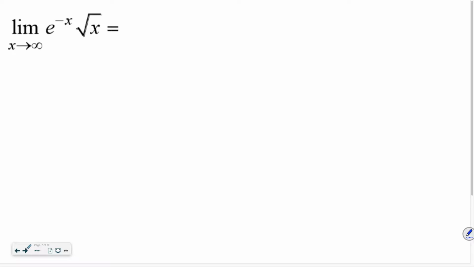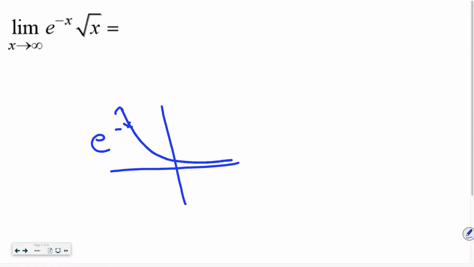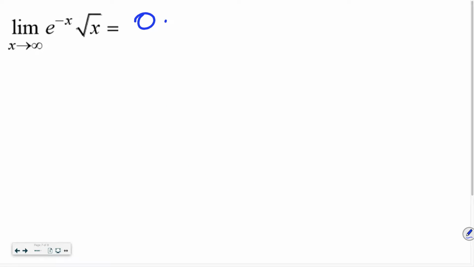Towards infinity, we just drew e to the negative x. Towards infinity, where is it going? Let me draw it again. Radical x. Towards infinity, where is it going?